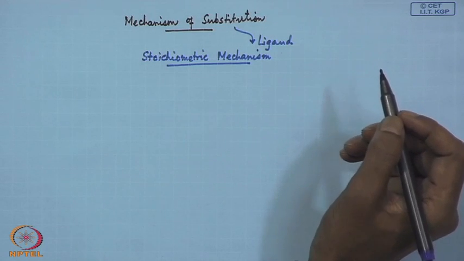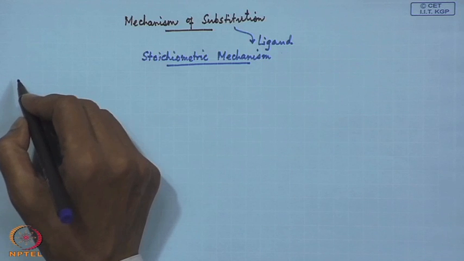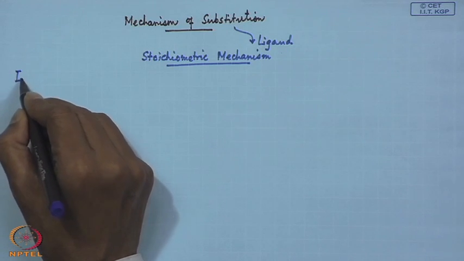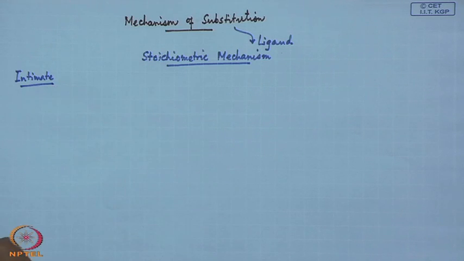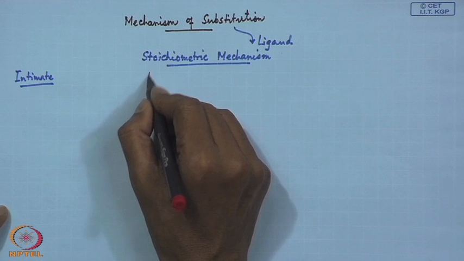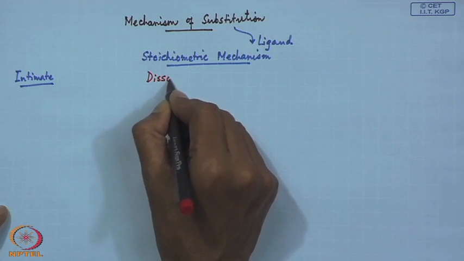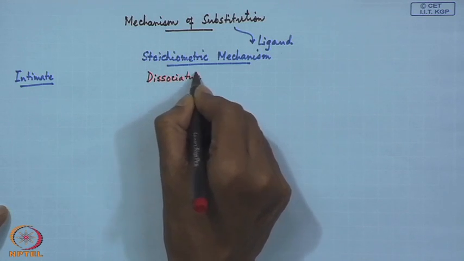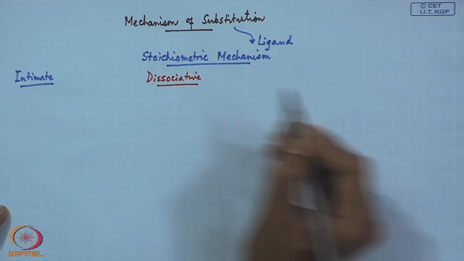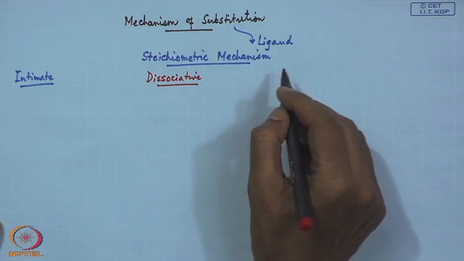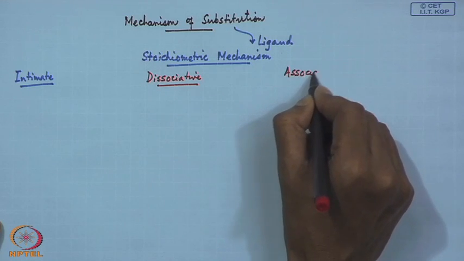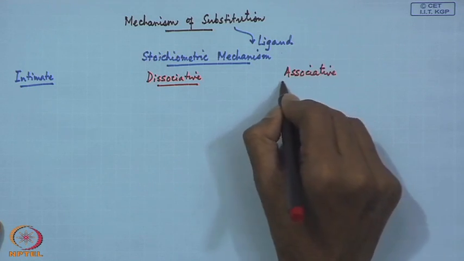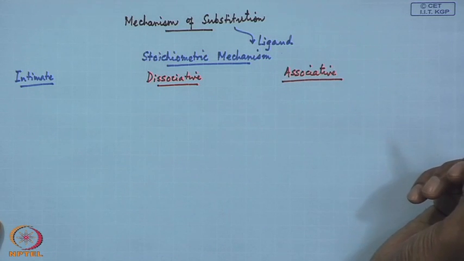In one case we have the intimate mechanism of reaction, and we can have the dissociative, that means one ligand is going away, and the associative one, the reverse one, when one ligand is attaching to that particular system.